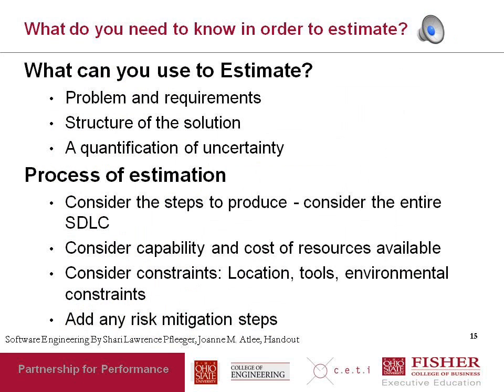So in order to do your estimation, what can you use? What parameters do you use for your estimation? Well, you can use a description of the problem, and any requirements that you might have of the software system. For example, you could look at the problem that's being solved and think about whether the software system that is going to be built in order to solve that problem is simple or complex.